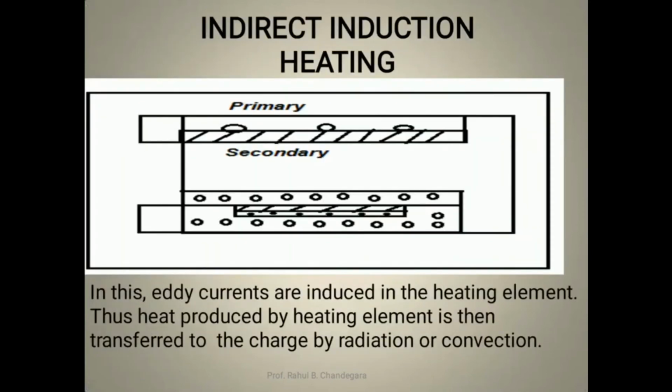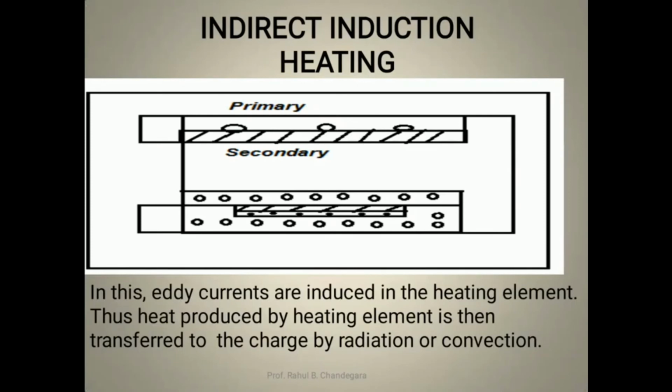In indirect induction heating, there are two coils, primary and secondary, wound around it. In this, eddy currents are induced in the heating elements. The heat produced by the heating element is then transferred to the charge by radiation or convection.